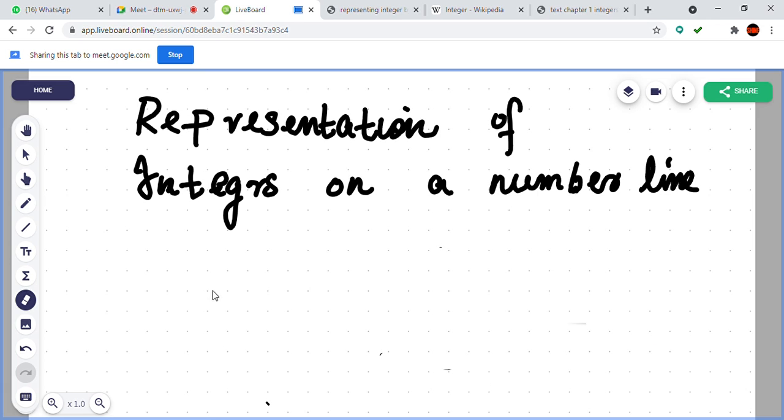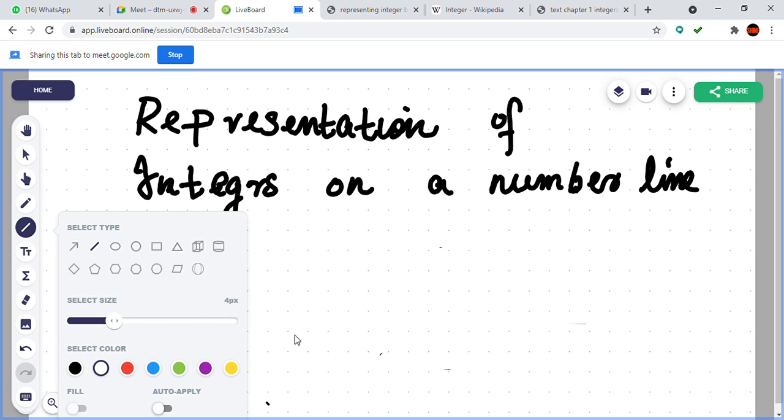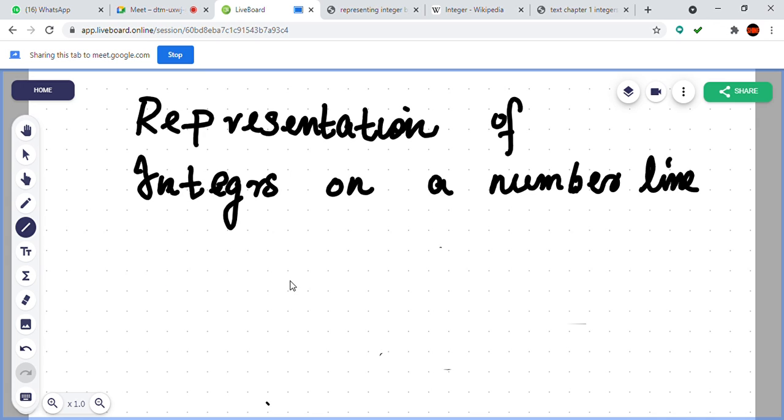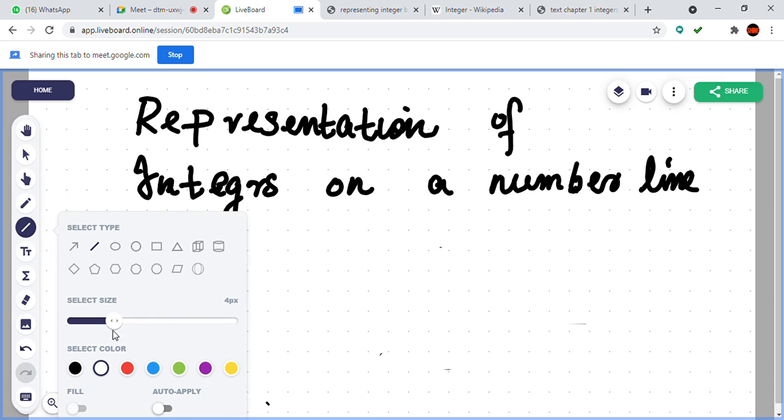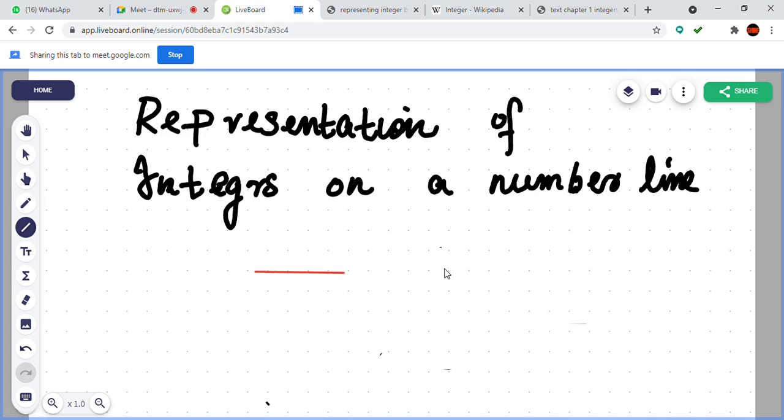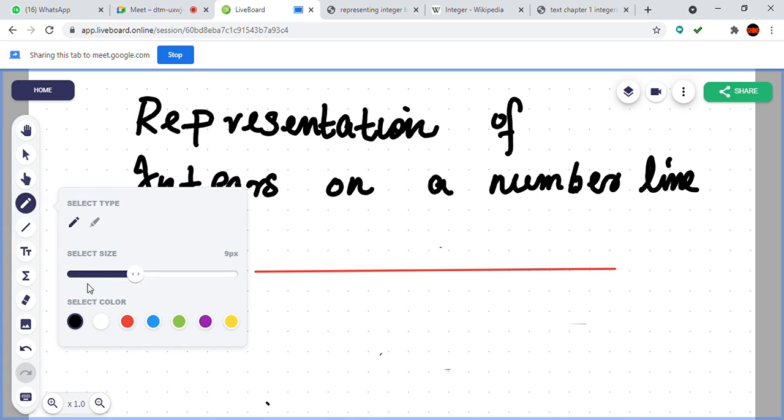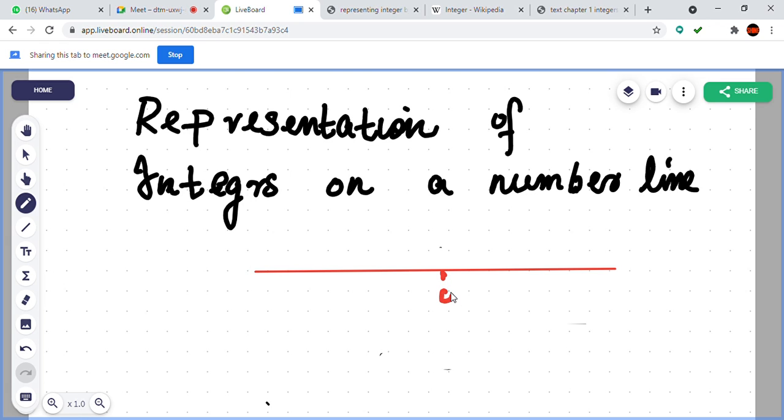So use your scale and pencil and draw one number line this way. In the middle of that number line, you can mark 0. 0 in the middle, and on the two sides we can give arrow marks. Just right of 0 we can give 1.